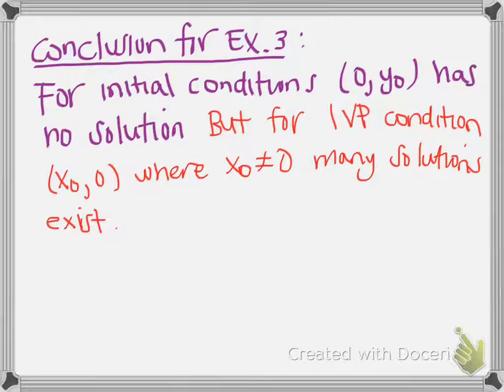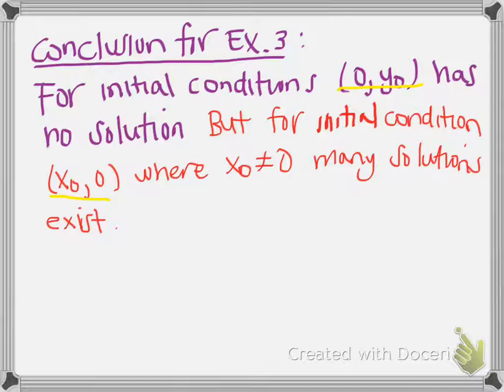So to conclude that example, for initial conditions 0, y sub 0 there is no solution, but for initial condition x sub 0, 0, where x sub 0 does not equal 0, many solutions exist.